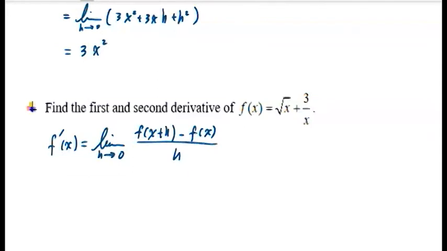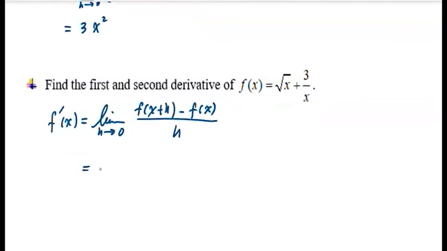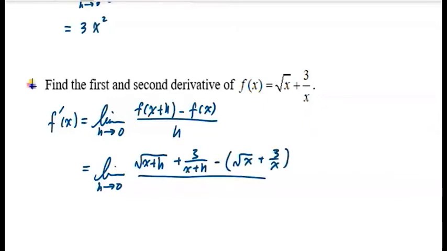Now we substitute. So we have the limit as h approaches 0 of square root of x plus h plus 3 over x plus h, minus square root of x plus 3 over x, all over h. And now here's our problem.